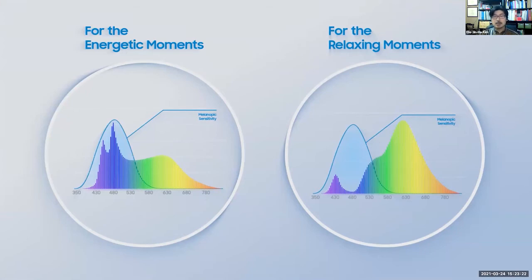And for the relaxing moment, however, we can play a different game. We can reduce, or maybe deplete the cyan region of the spectrum by tuning the phosphor mixtures, and then we can create a light spectrum that you see on the right-hand side. Next slide, please.